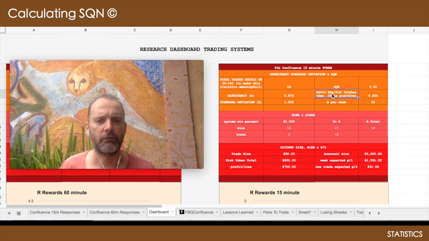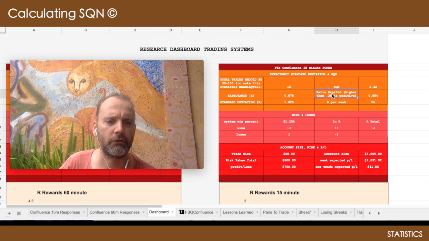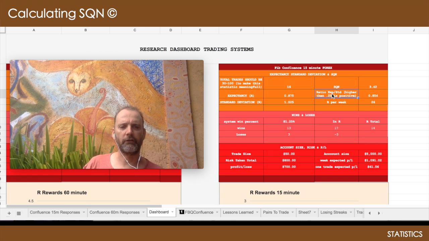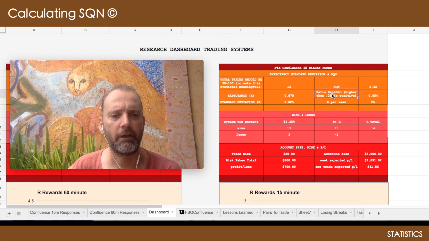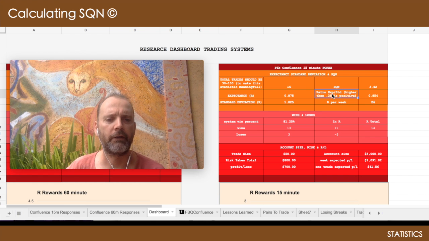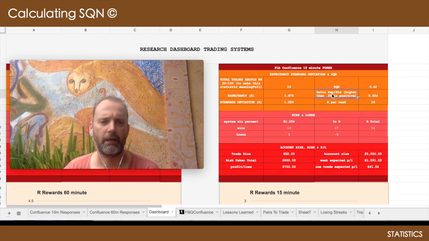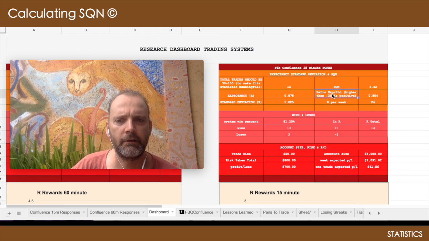If the system quality number is higher than 2.5, you can say you have a good system to trade. If it's below 2, it's better not to trade it. You have to realize that most retail traders trade systems with an SQN below 1, or between 1 and 2, and as you can imagine, that's not profitable.